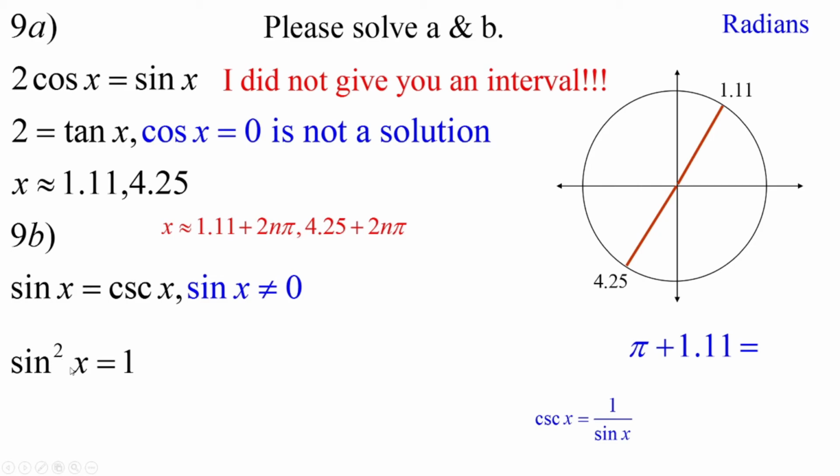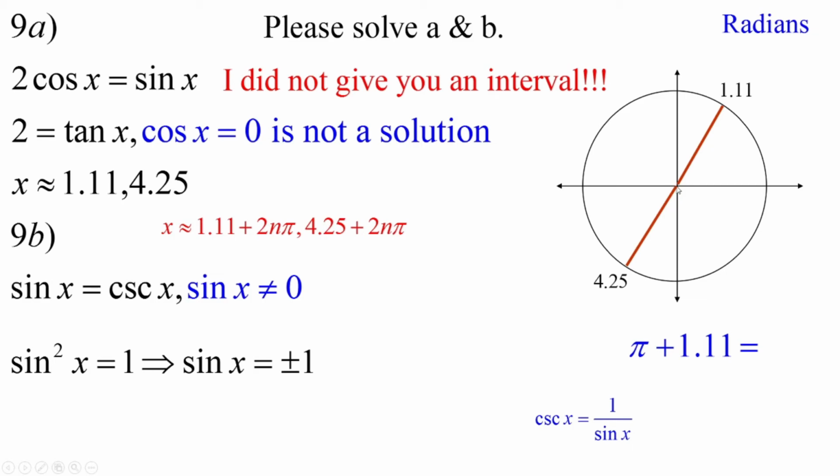So if sine squared of x equals 1, that means sine of x would equal plus or minus the square root of 1, or just plus or minus 1. There it is, plus or minus 1 right there. So when does sine have an output of plus or minus 1? And notice the unit circle over here.